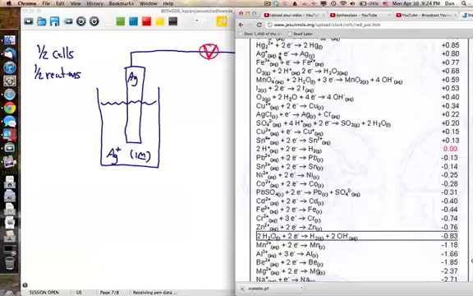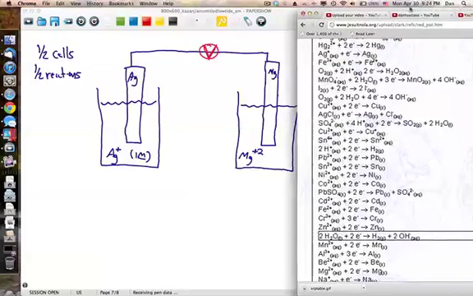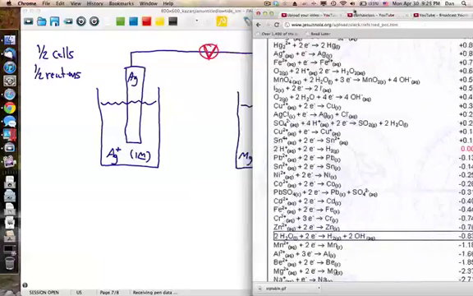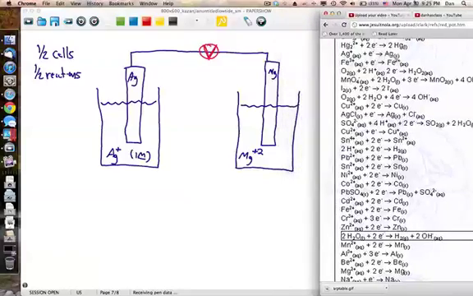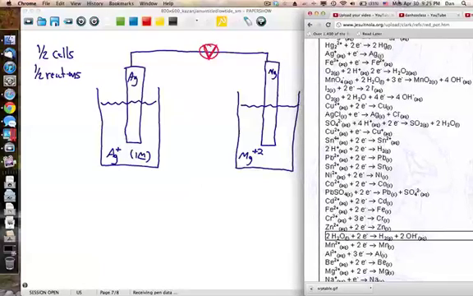What that means is the silver ion will drive the magnesium to form magnesium ion, precipitating out silver metal. So if you put in a chunk of magnesium, the silver would precipitate out. This reaction will be driven. And we can actually calculate the cell potential for this magnesium-silver cell.